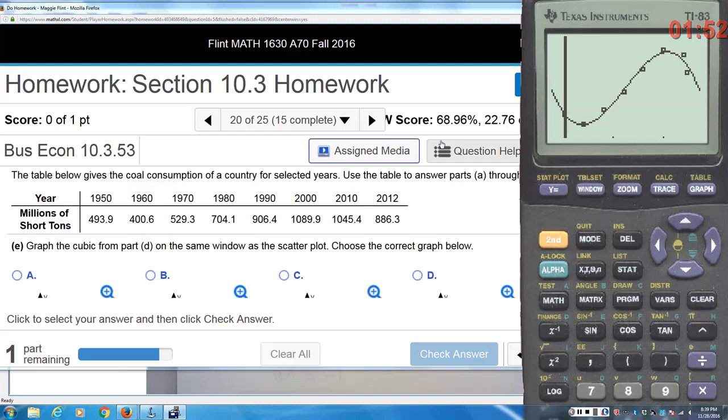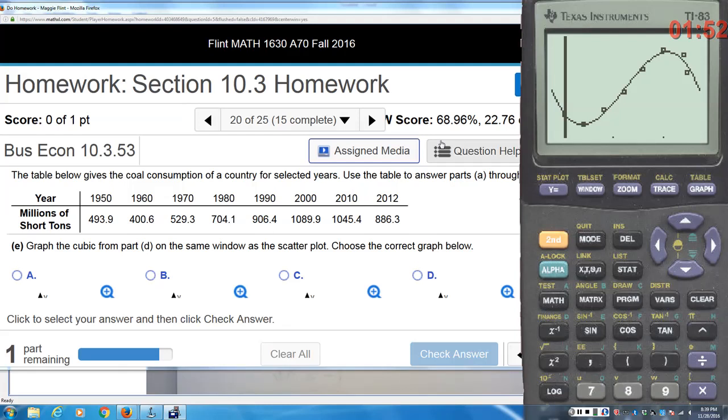Okay, so there are those, and then how would you open that? Over to y vars. Choose function, choose y1, and now hit enter. And now when you get your graph, the graph will be there. That's really the advantage to that, is not having to retype it on y1.